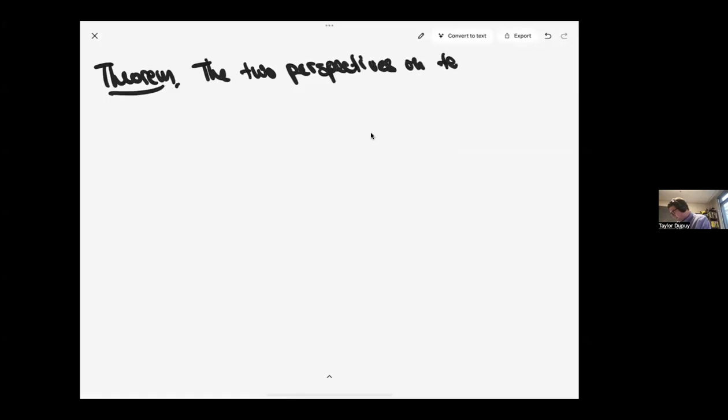Okay, so the theorem that I want to say is that the two perspectives on tangent bundles agree.